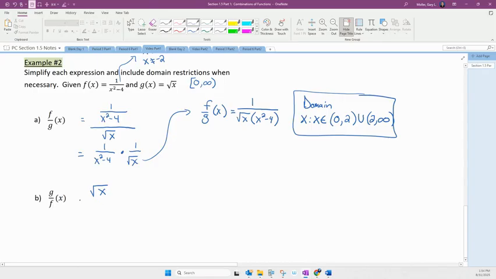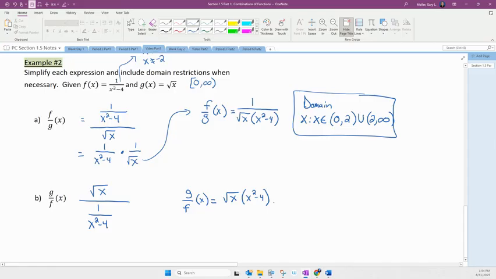We'll find out. G is this, and then no, we're good. 1 over x squared minus 4, which I know means I'm going to multiply by the reciprocal. So I should just get g divided by f of x equals the square root of x times x squared minus 4.